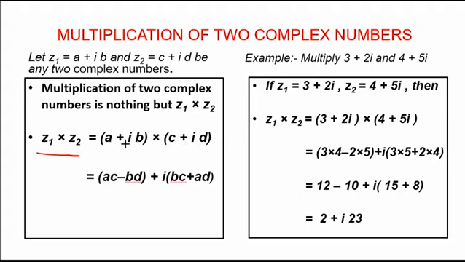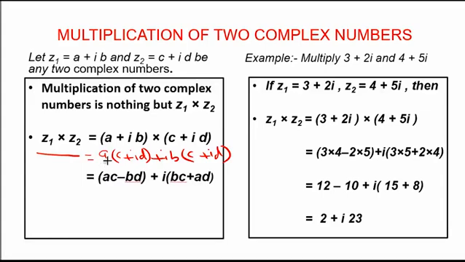So when you multiply a plus ib into c plus id, just go for the traditional, ordinary method of multiplication. a into c plus id, plus ib into c plus id.